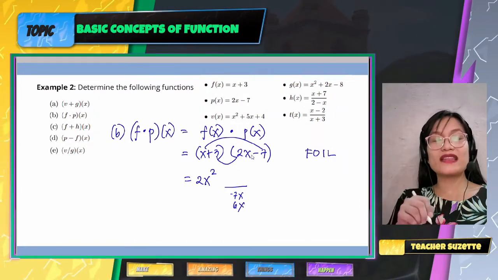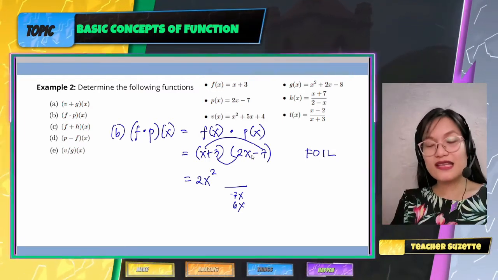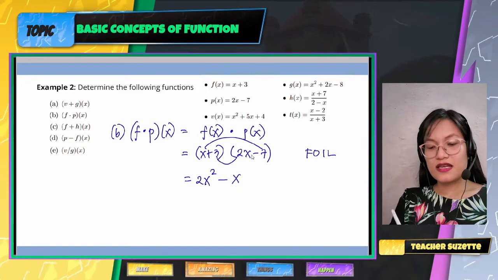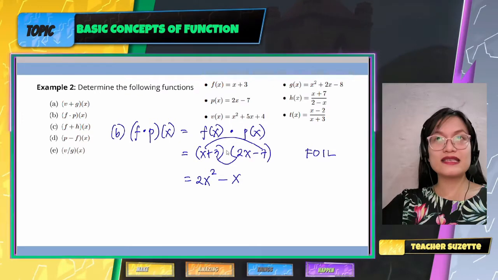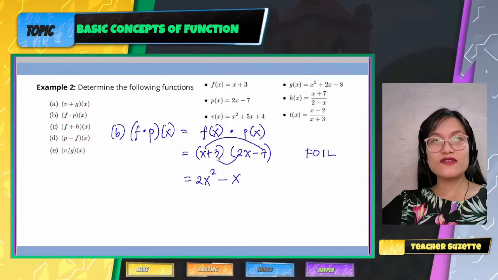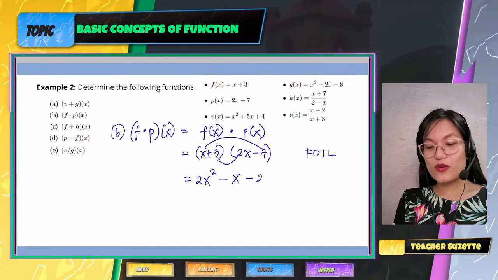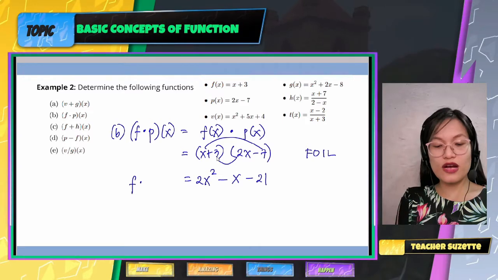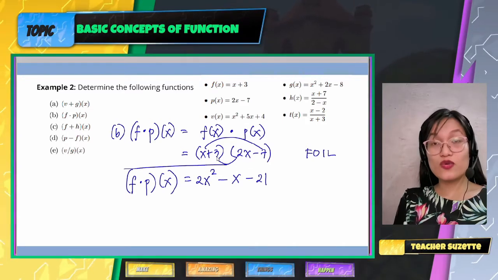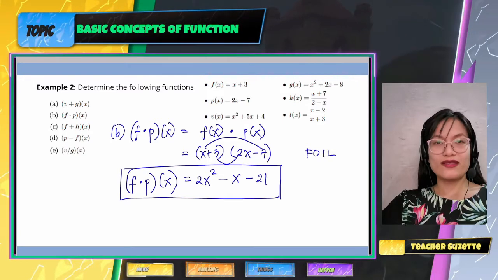So, combine negative 7x plus positive 6x, and you will have negative x. Then, we go to our last, that is negative 7 times positive 3, which is equal to negative 21. So, therefore, our f times p of x is equal to 2x squared minus x minus 21.